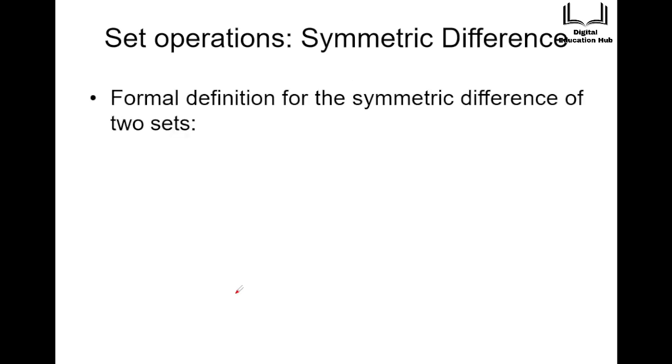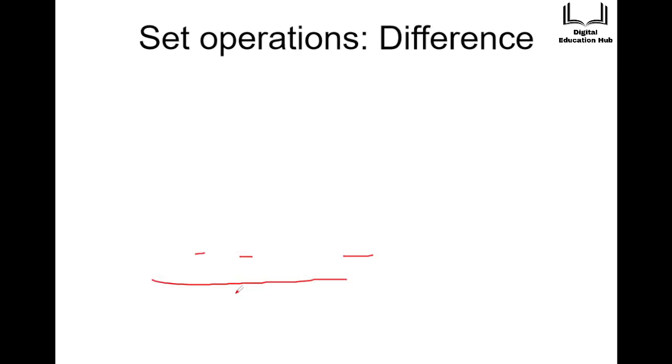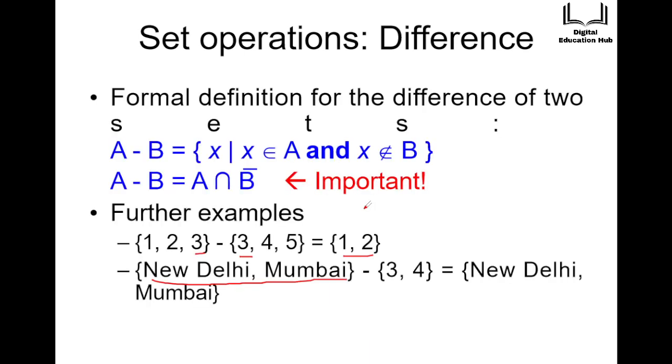In the Venn diagram representation, this would be covering this region and this region without this section, that is, the common section. That would be the representation.